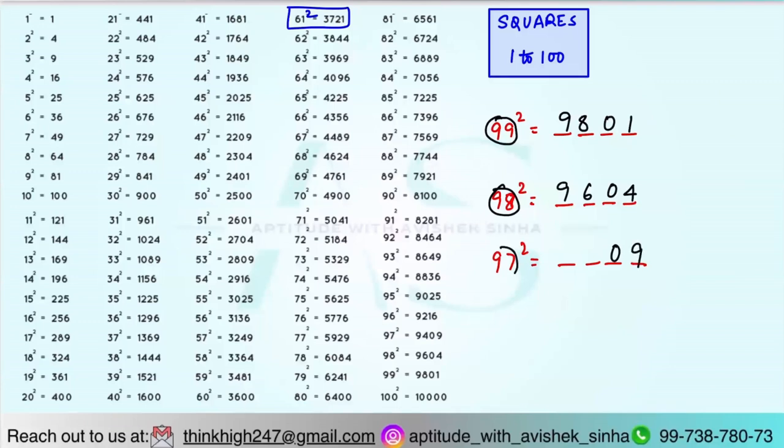And 3 less from here is 94. I hope you are following this. Clear? So that is how you proceed with 100. Values lesser than 100 as well. Values more than 100 as well. Another rule. But ideally, what I need is you should be memorizing squares from 1 to 25.